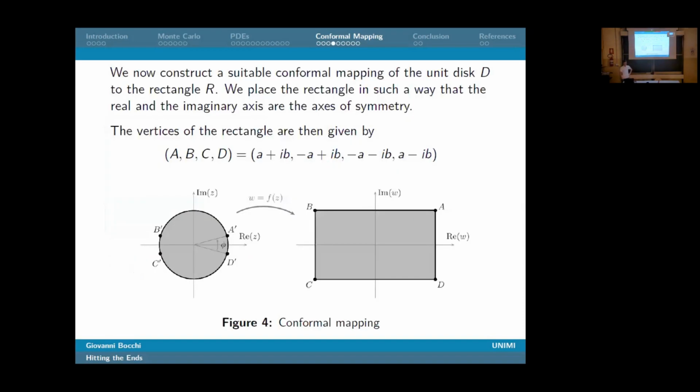So in our case, we only have to construct a conformal map from the disk to our rectangle, where I'm cheating a little bit because this rectangle is not a by b, but is 2a by 2b, and you will see in the following why.